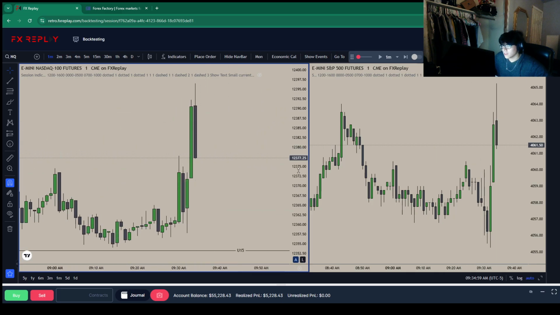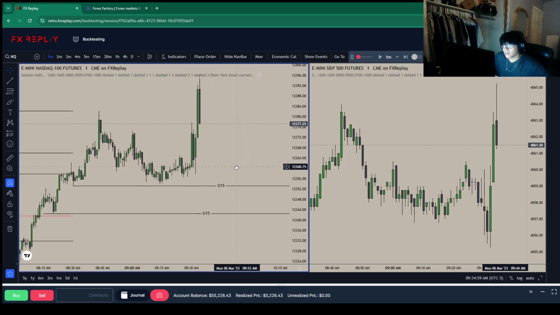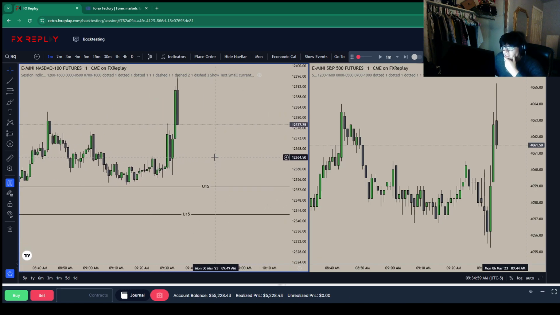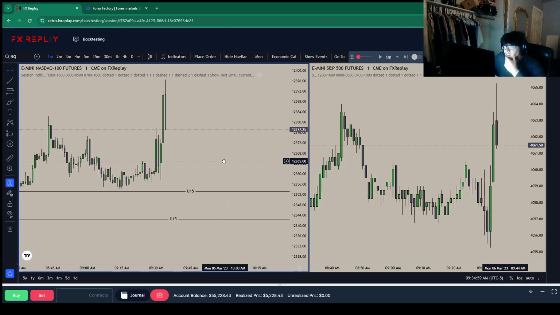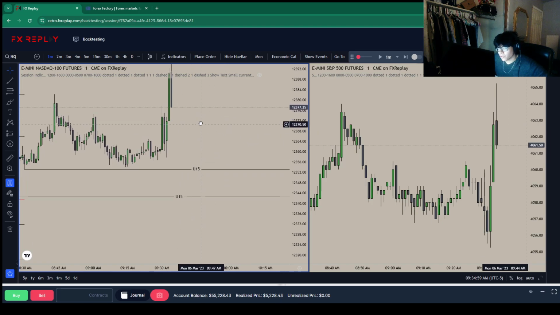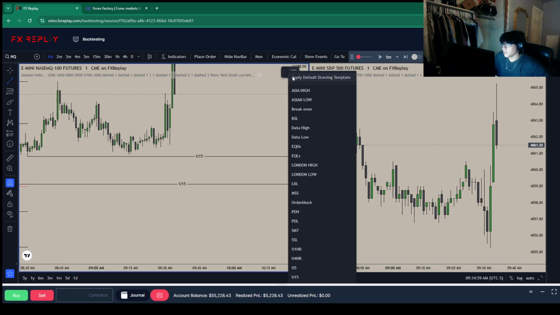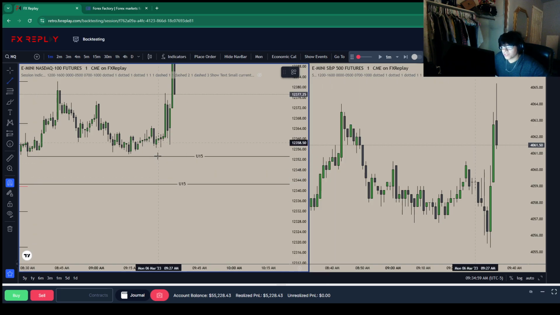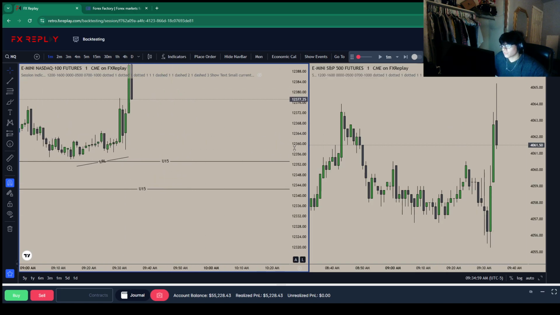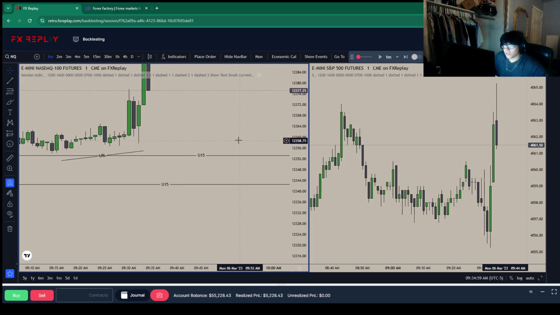If we can invert this 1 minute, right? We have unfilled 15s, we have LR. We have lower liquidity here. I will then take the 1 minute inversion here.